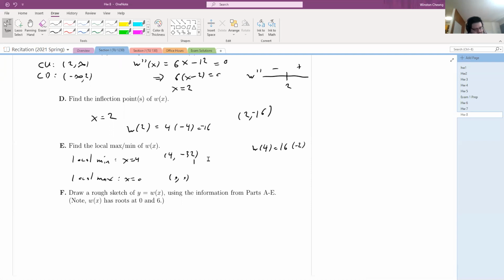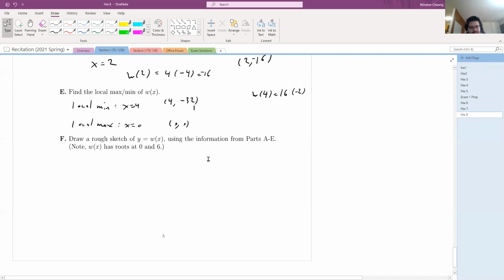Well, there's one other coordinate, which is a root. We have another root for the function. But let's sketch this now. Let's label 1, 2, 3, 4, 5, 6. And we know that at 4, we're at -32.